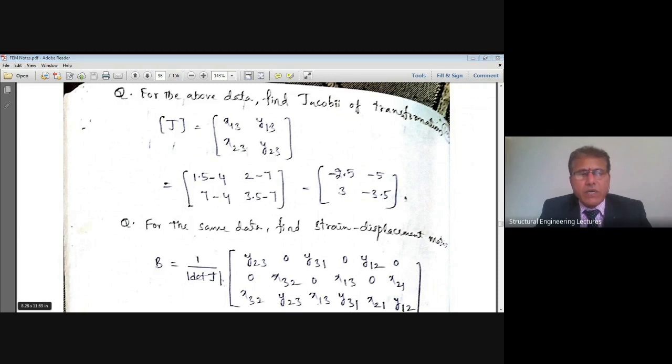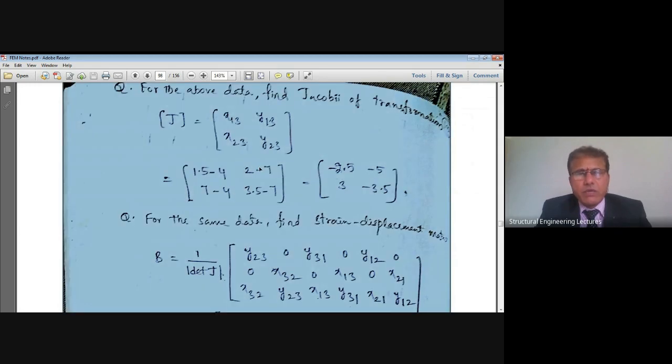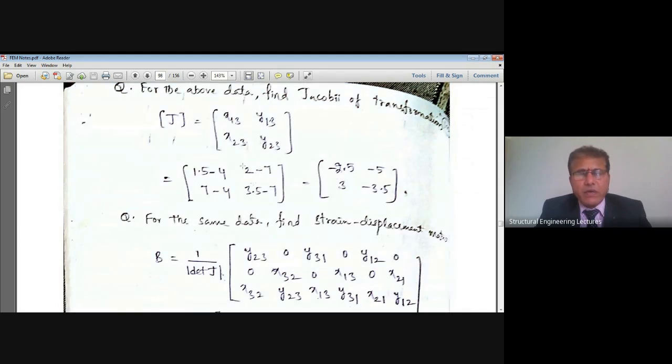Now substitute: x13 means x1 minus x3, therefore x1 is 1.5 mm minus x3 which is 4. Similarly, substitute the other coordinates: y13 is 2 minus 7, x23 is 7 minus 4, and y23 is 3.5 minus 7. That gives the result minus 2.5, minus 5, 3, minus 3.5.